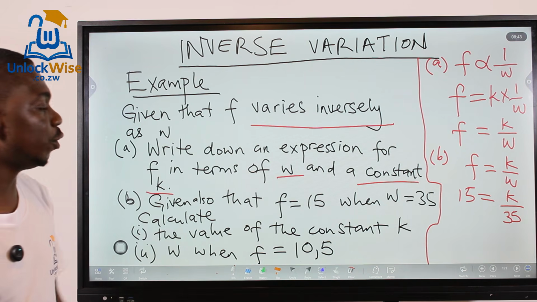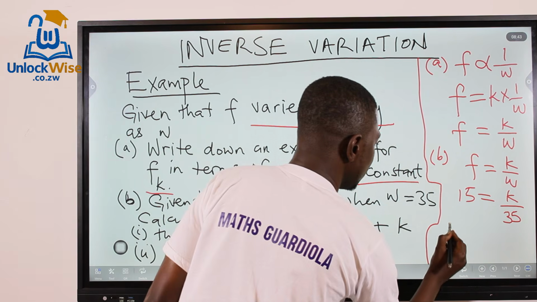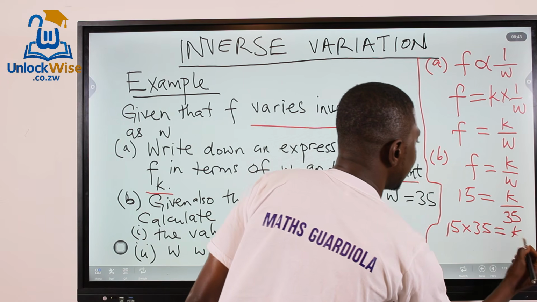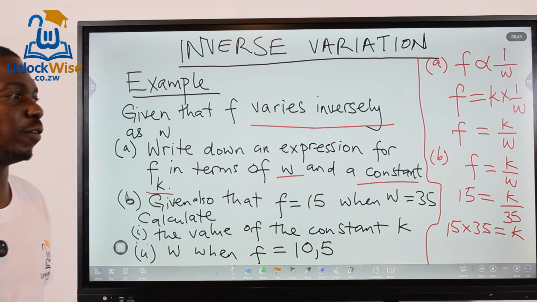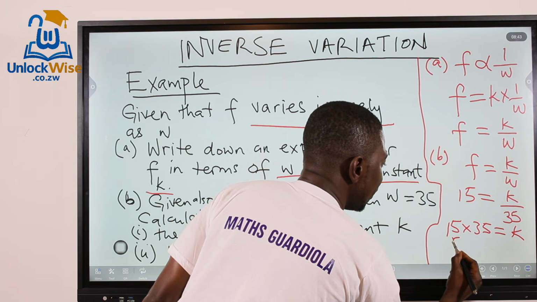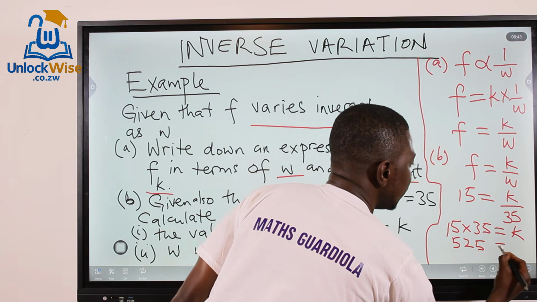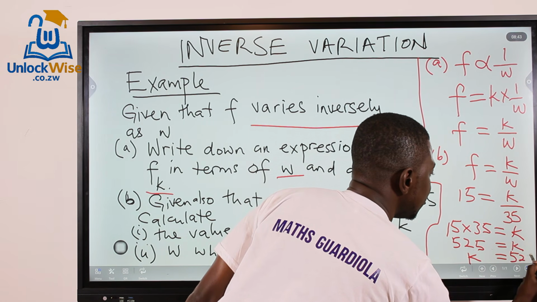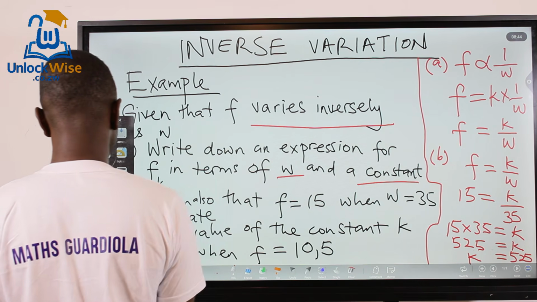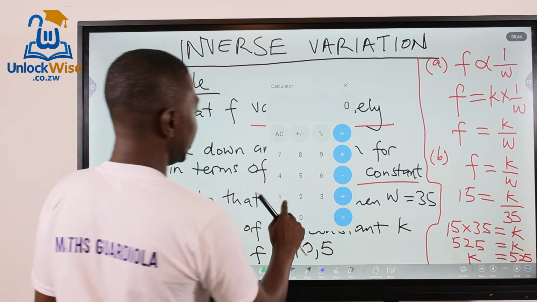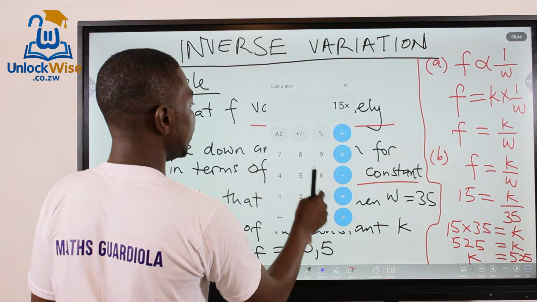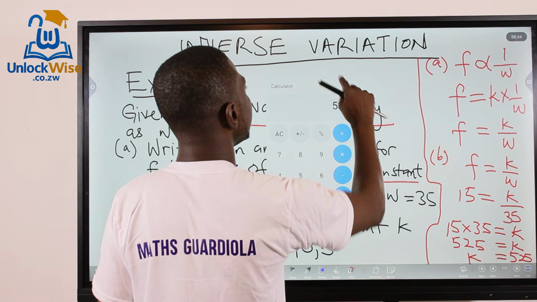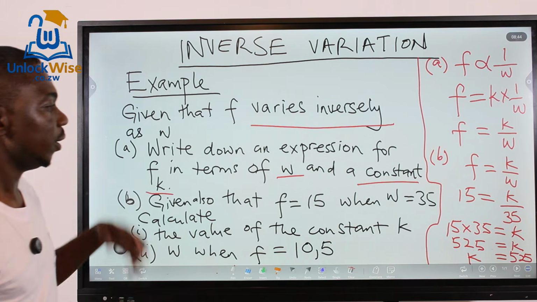For us to get the value of k, we multiply both sides by 35. So we have 15 times 35 equals k. 15 times 35 gives 525, which is the value of k. Let's verify: 15 times 35 gives 525. So that's correct.